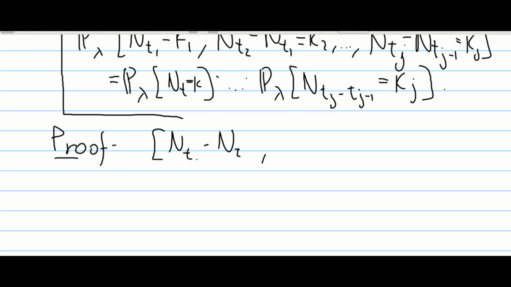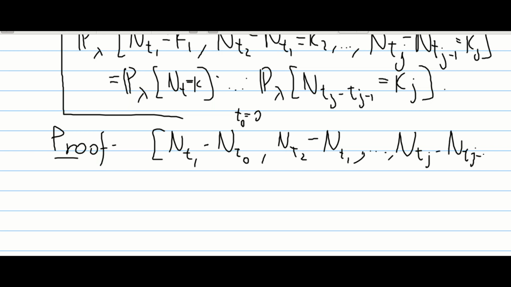Nt1 minus nt0, I'll call t0 equals 0. Nt2 minus nt1, and so on until ntj minus ntj minus 1. So this event can be rewritten. Sorry, what I wanted was exactly what I started writing.